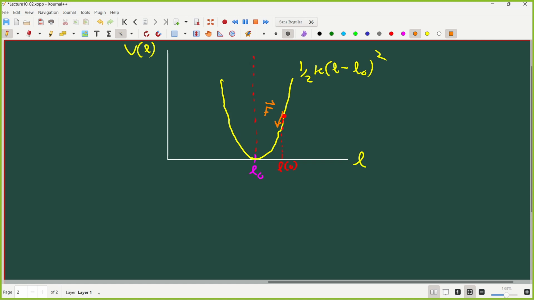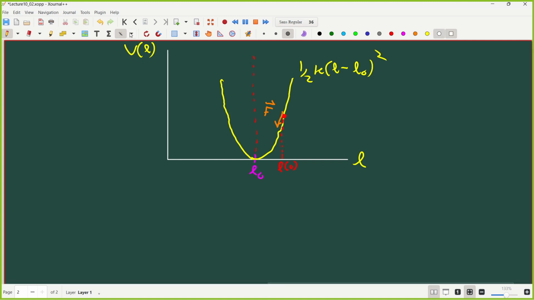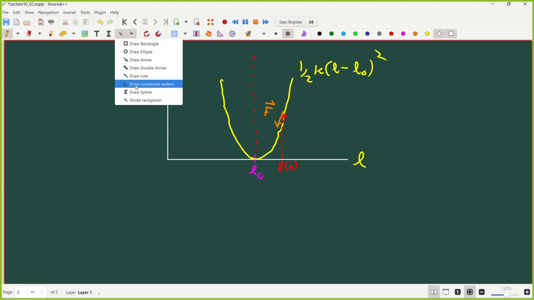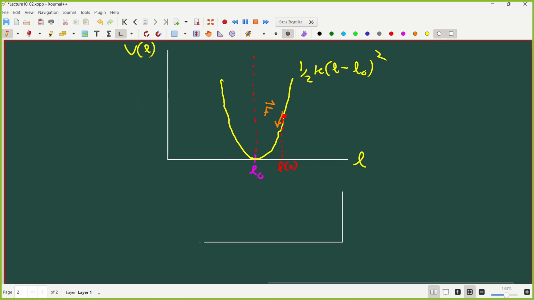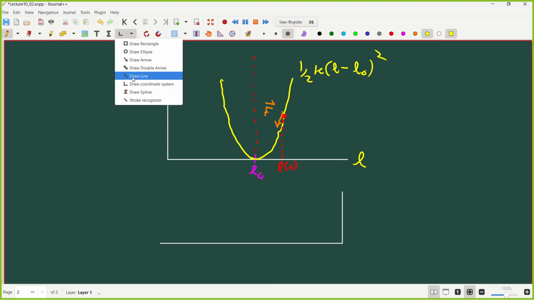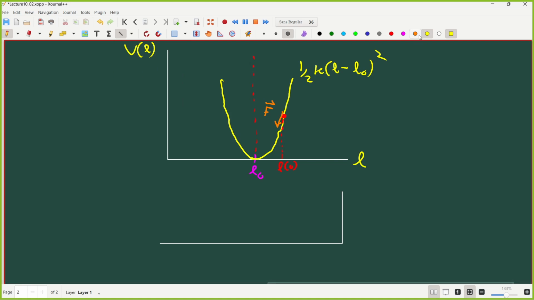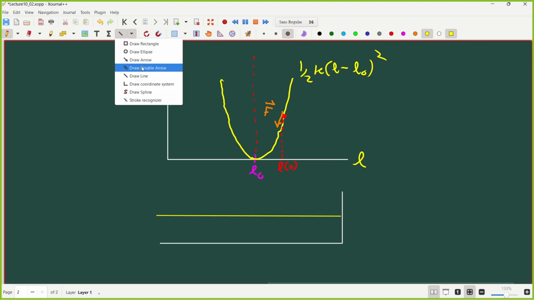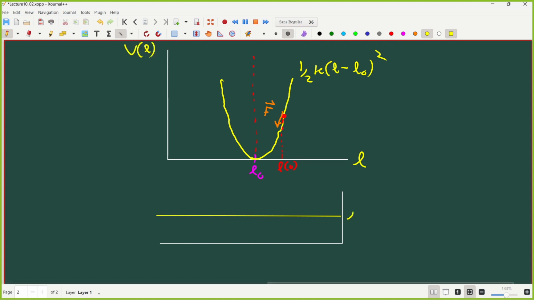So what I want to do here is plot the displacement of my spring as a function of time on a different graph. I'm going to put a horizontal line somewhere in the middle here, which will represent L naught.